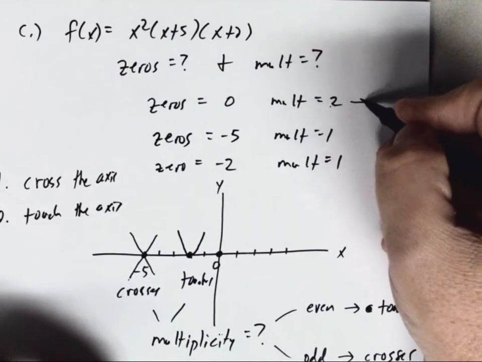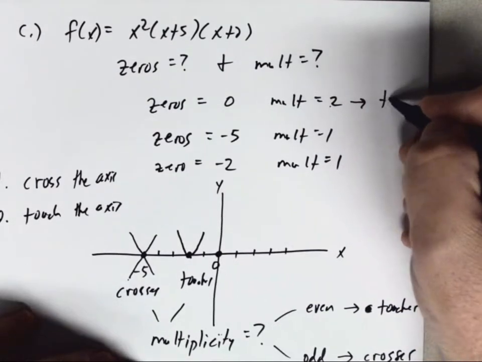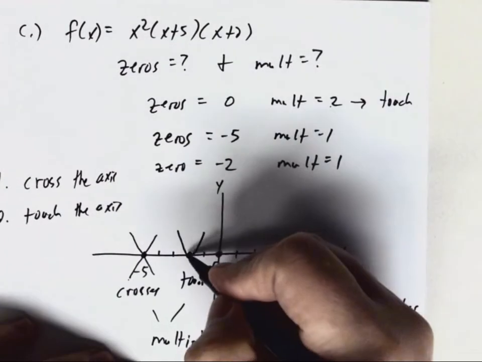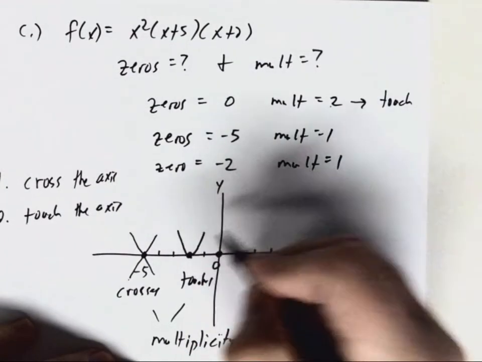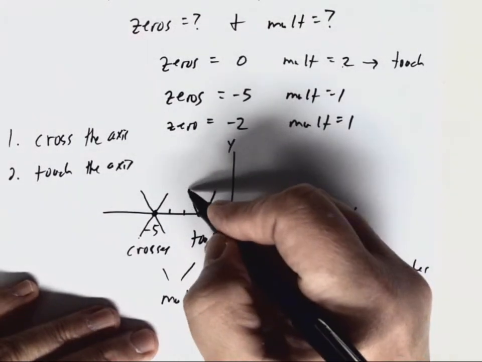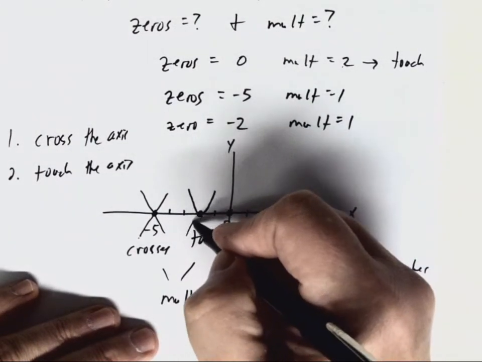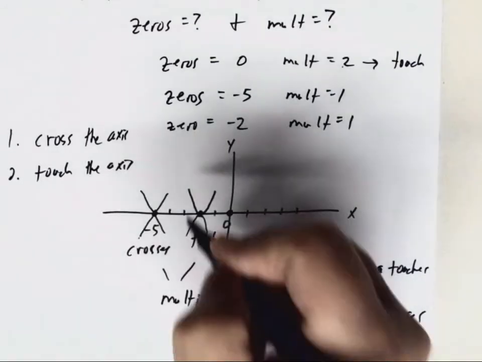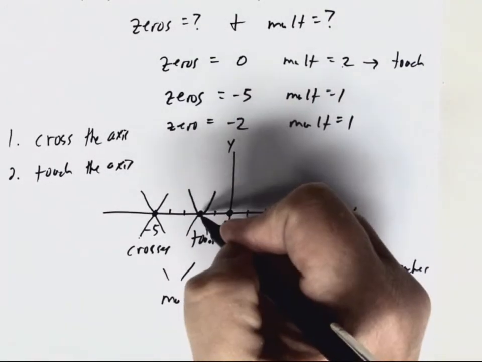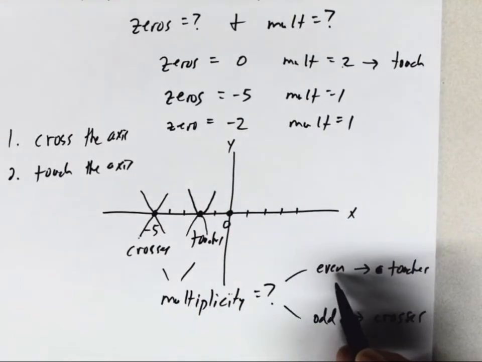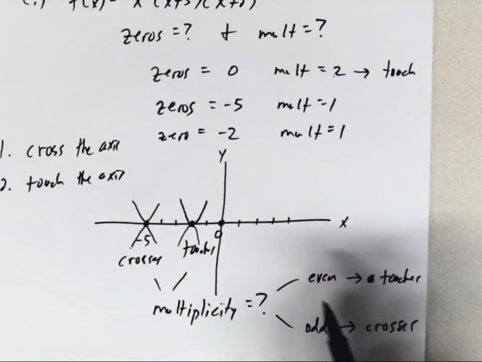And therefore I can say at 0, it's going to simply touch the axis and go back. Now, I don't know, it could be like this. I mean, it could be like this. I don't know which one of these it is, but I know it's got to be one or the other. It only touches the axis and it goes back. Because that's what happens when your multiplicity is an even number.